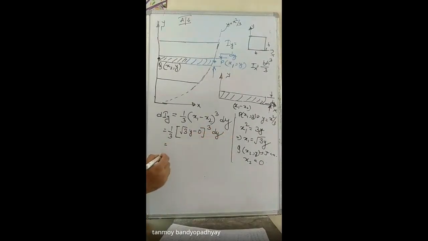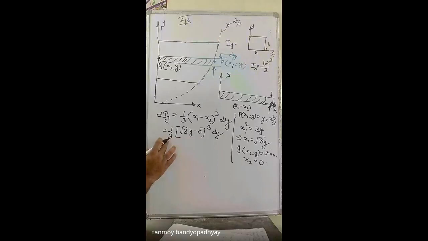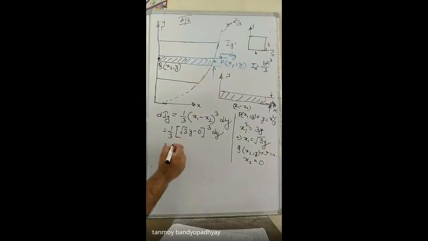So what will this be? Root 3 cube, so root 3 cube divided by 3, which will actually be root 3. Yes, the 3 below cancels, so that will be root 3 only.